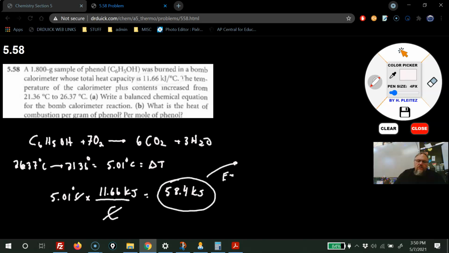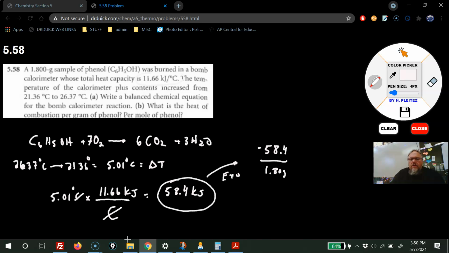I take 58.4 and divide it by 1.800 grams, because that's mentioned up here.